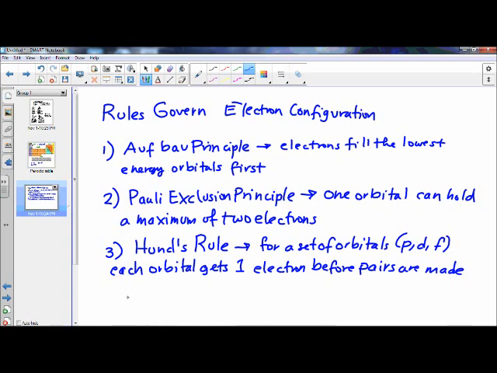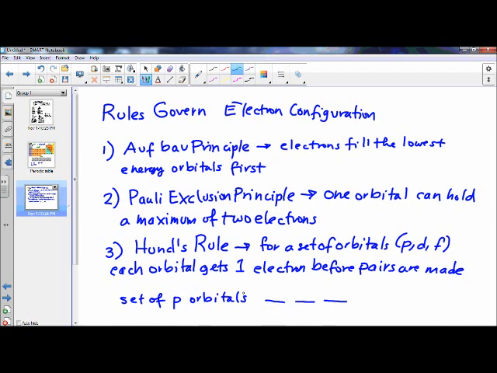Okay, so if we use, for example, a set of p orbitals, this is what we call the orbital diagrams. If we're going to make a line, sometimes you'll see boxes. This would be the p on the x-axis, this would be p on the y-axis, and this would be the p on the z-axis.